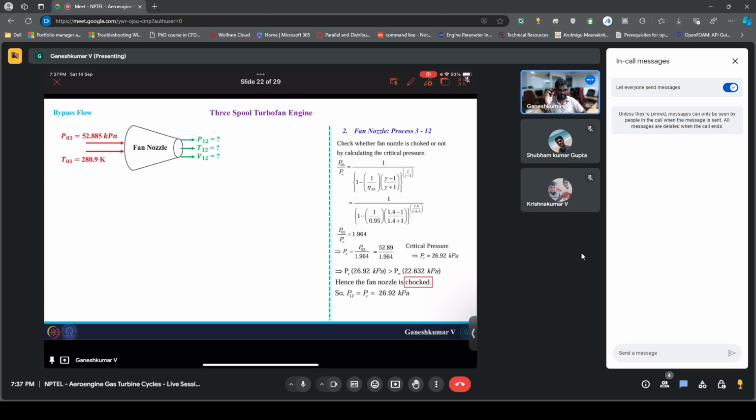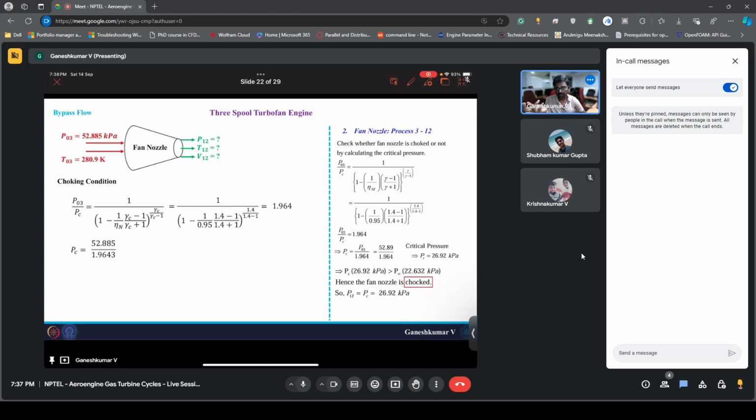So I would not expect any difference in the pressure and temperatures. First, you need to check the choking condition, and you can see that the pressure ratio is around 1.964. Which was the same as before, because the nozzle efficiency and the specific heat ratios are not different. So it's not a surprise anyway.